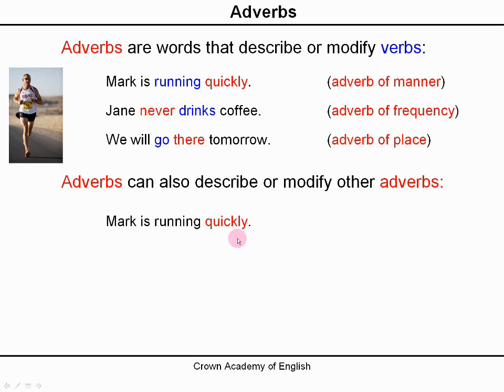And now we can add another adverb which describes quickly. Mark is running very quickly. So this is another adverb which is modifying quickly. And together, both of them, very quickly, they are describing the action.